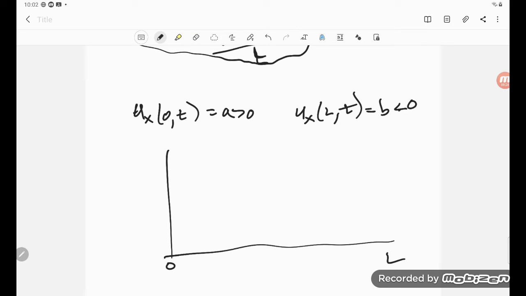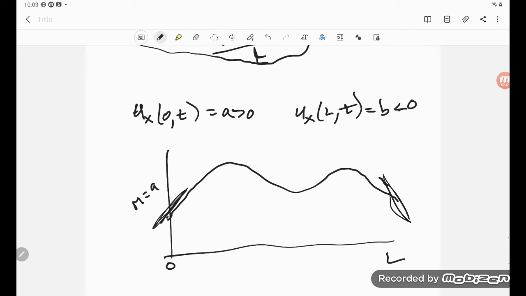So what we would have is, for any given solution at some point, and who knows what it might be, it might do something like this, but I can tell you right here, the slope of that tangent line is A, and I can tell you here, I didn't do that very well, the slope of that tangent line is B, where B is a negative number.